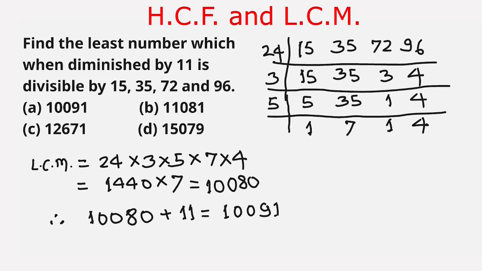So our answer is 10,091, and from the given options, our answer is option A, 10091. I hope you have understood the shortcut method of finding the answer from the options and the regular method by which we have solved this question.